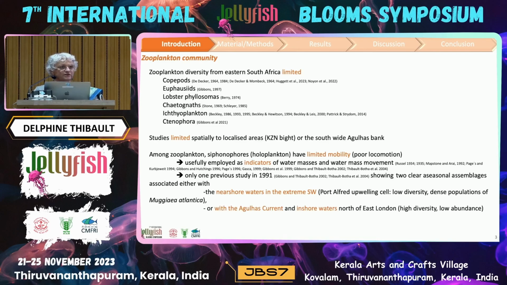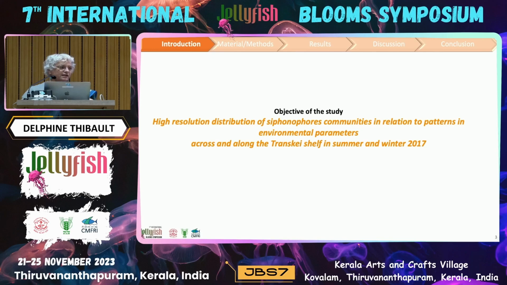So that's what I'm going to show now. It's based on a high resolution distribution of siphonophores, and on whether along the shore and across the shore there is diversity modulation.